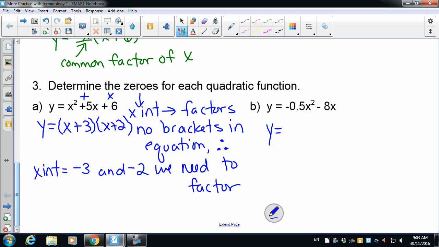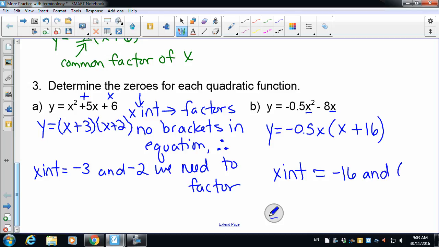It's not the same as A. Common factor, and they both have an x. So that would leave me with x when I divide, and negative 8 divided by 0.5 would be plus 16. So my x-intercepts would be negative 16 and 0. Don't forget the 0 because there's nothing added to that x, so it has a 0 as an x-intercept.